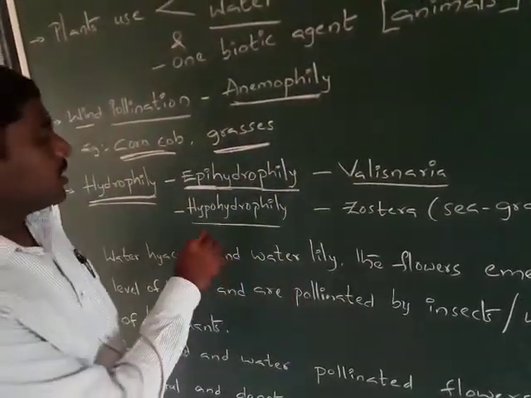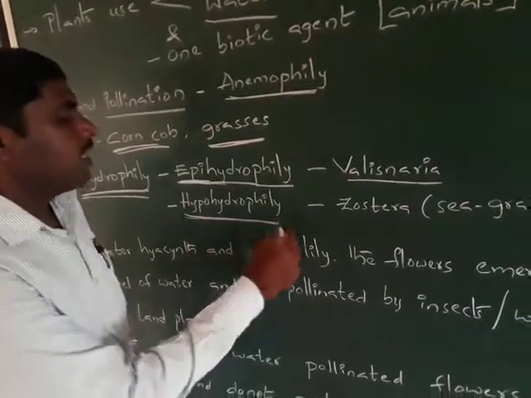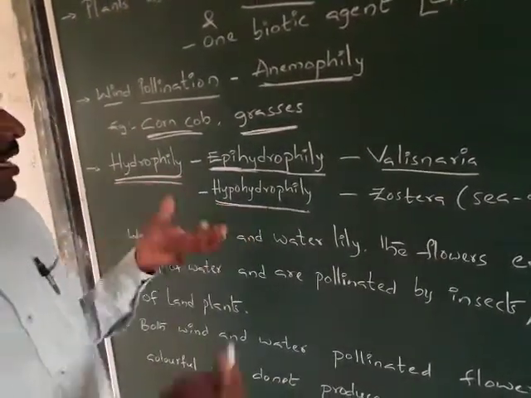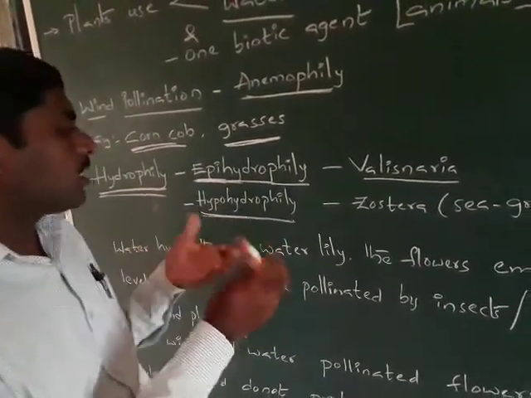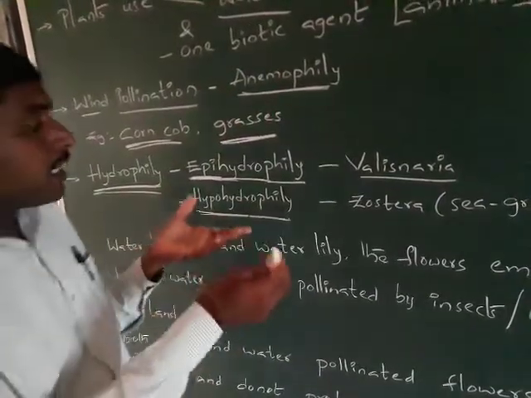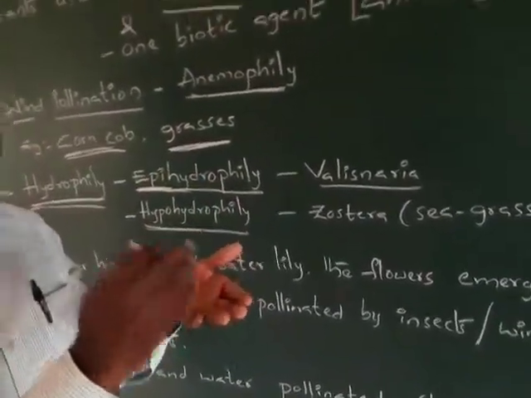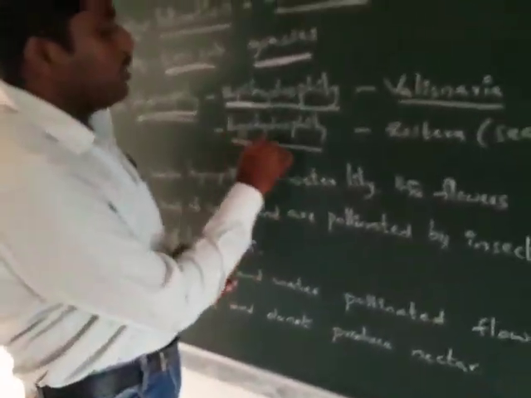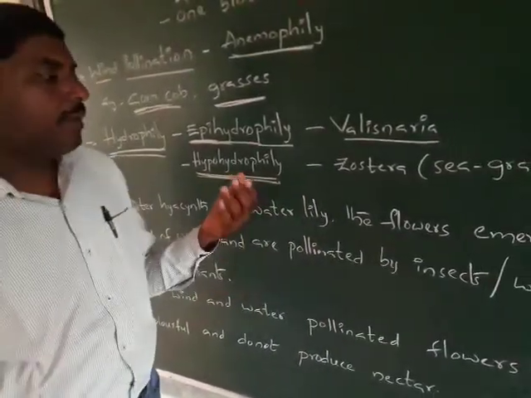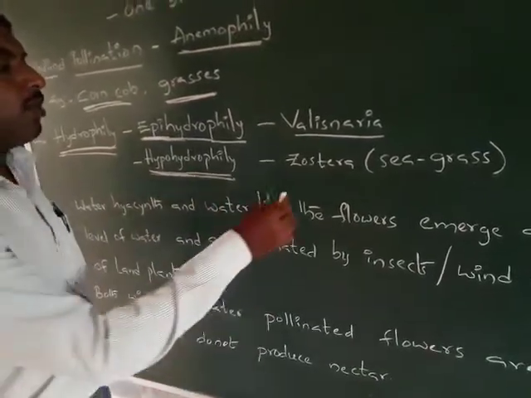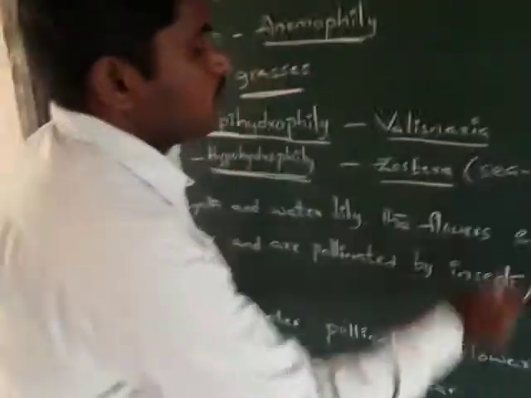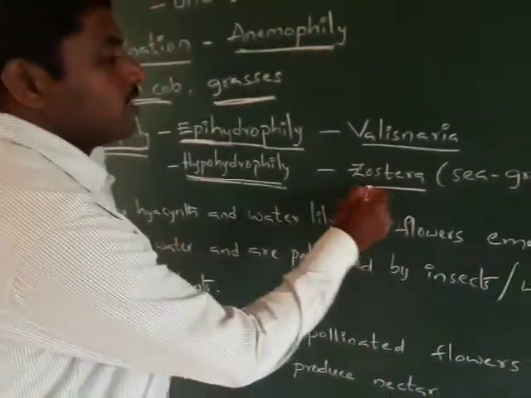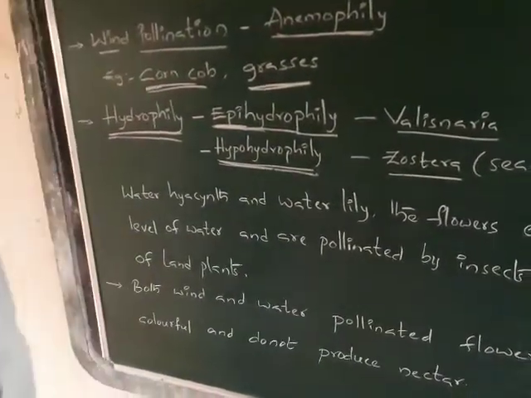The next is hypohydrophily, the pollination that occurs beneath the surface of the water. Example: the seagrass Zostera.